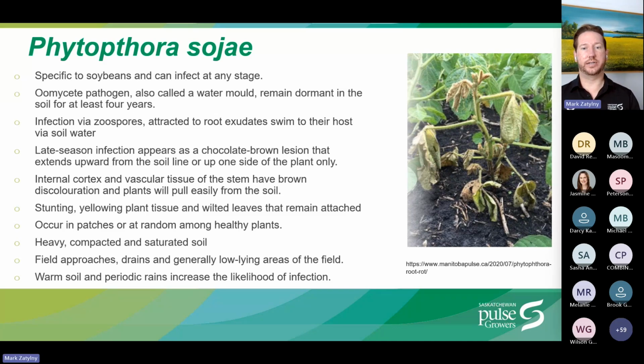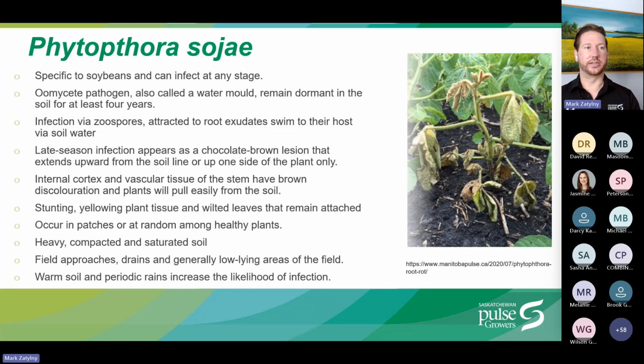Later in the season, if you get an infection, it can appear as that chocolate brown lesion that extends upward from the soil line. Sometimes it can develop on one side of the plant only. So again, it's all about being out there, scouting your field, and knowing what kind of conditions you're dealing with. If you dig up those roots, they will just look rotten, discolored, with very minimal nodulation.